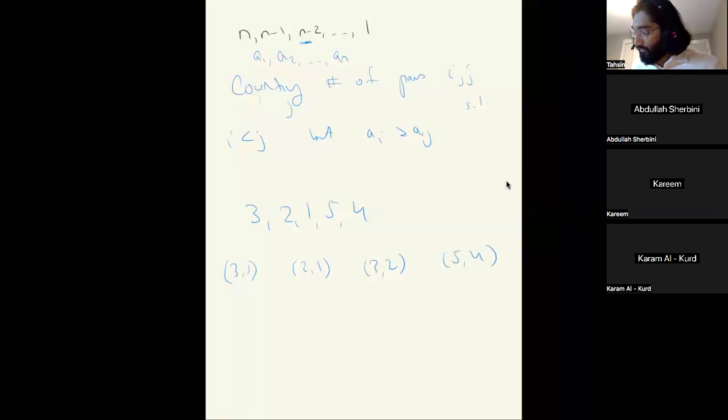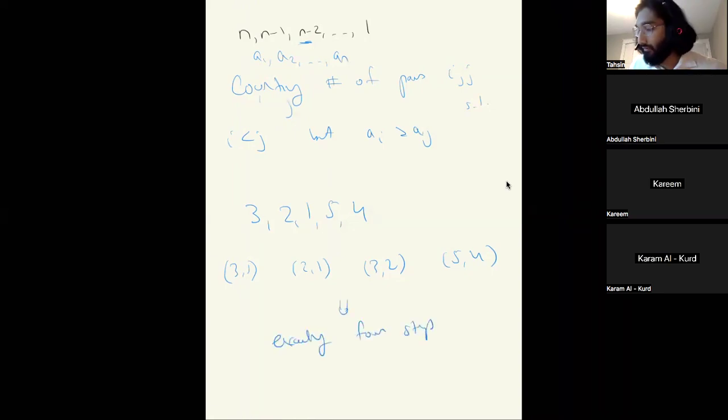Everything else is in the correct order. So this will take exactly 5 swaps to fix, because each time you swap, you're fixing exactly one of the pairs. Does that make sense?